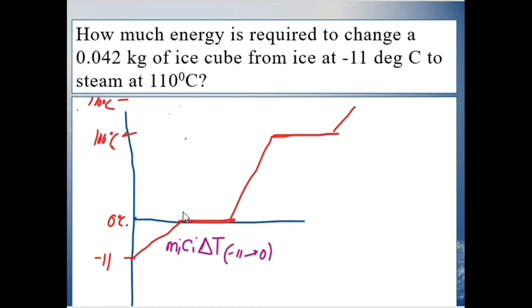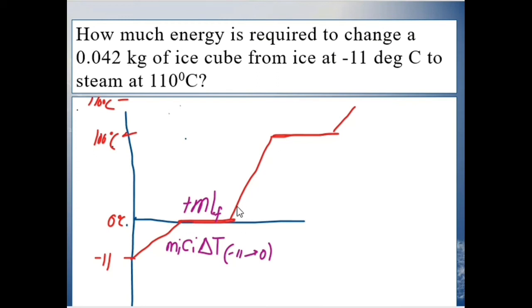Here, since it's melting, therefore it's absorbing heat, so it will become positive. The Q involved here is positive MLF. It's the latent heat of fusion because it's melting. Okay?